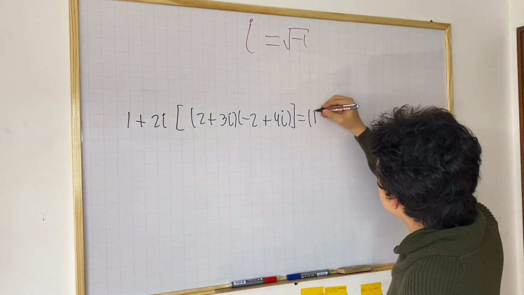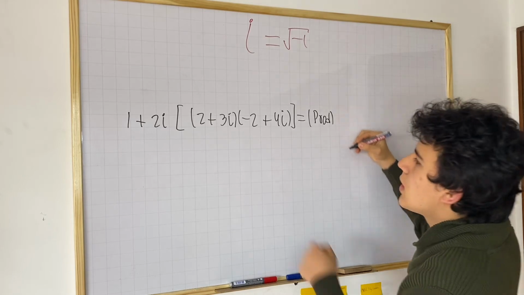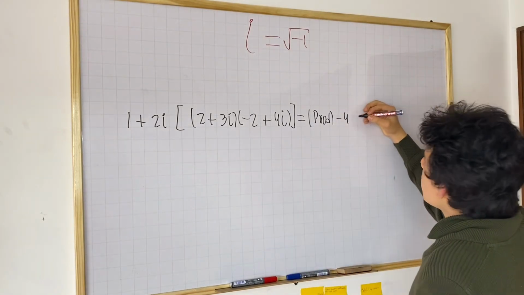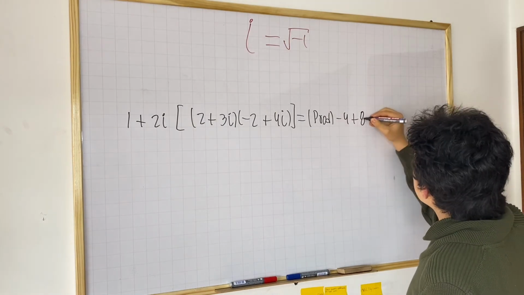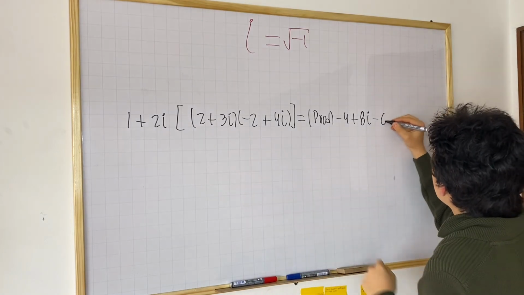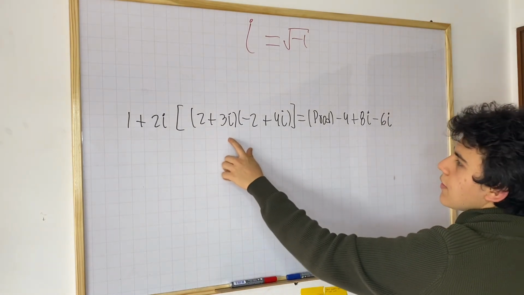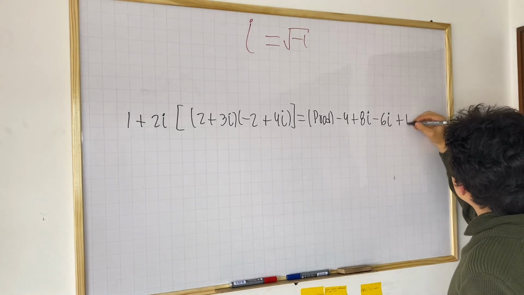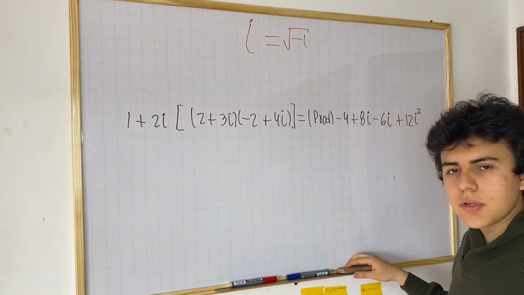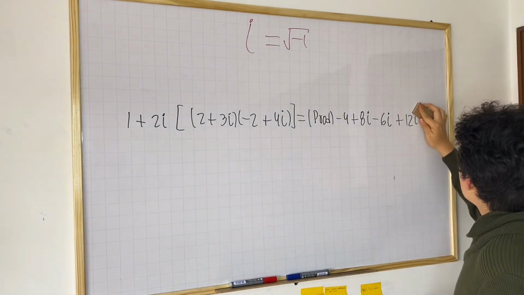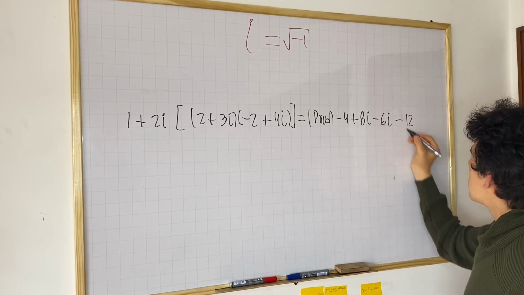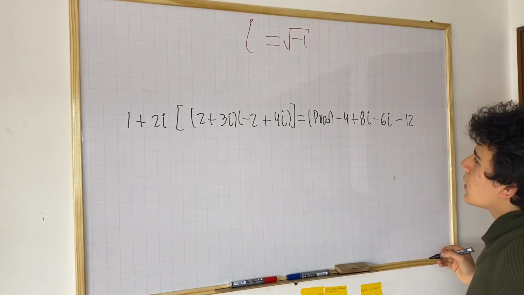Let's see how it goes. We're going to get negative 4, then plus 8i. Now we're going to get minus 6i. And finally, we're going to get positive 12i squared. Now we know i squared is equal to negative 12.